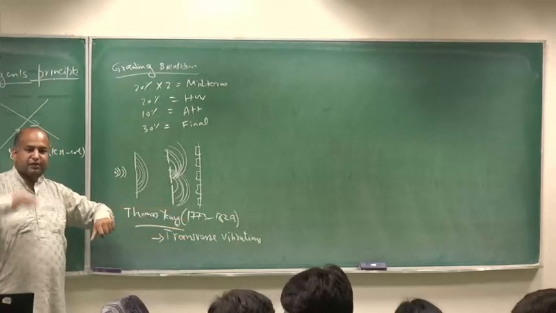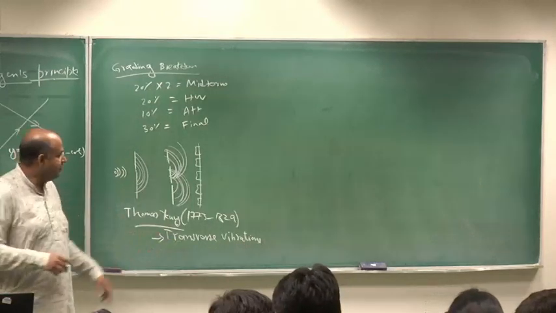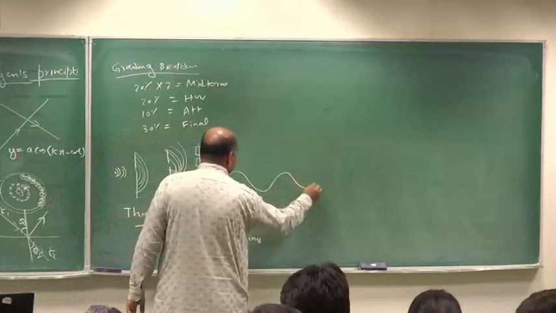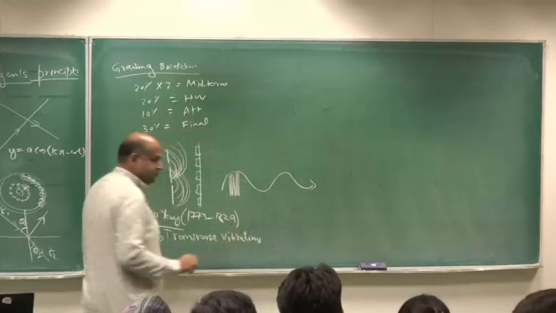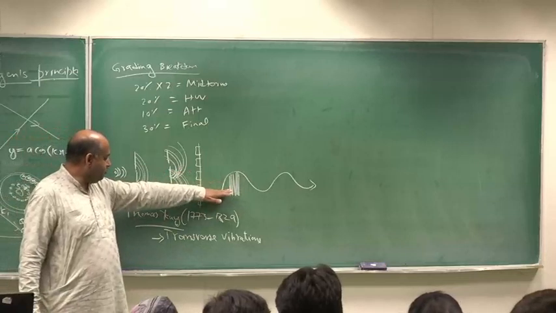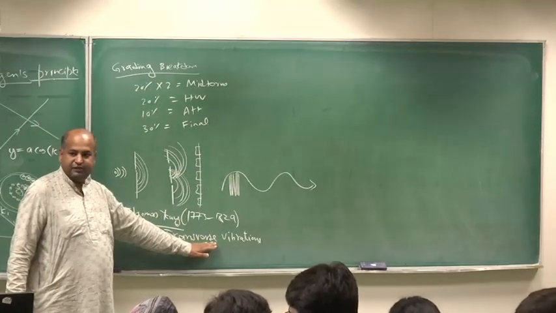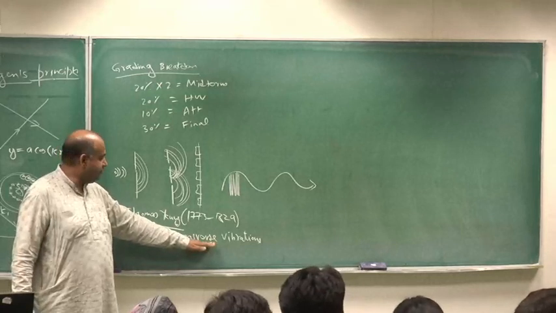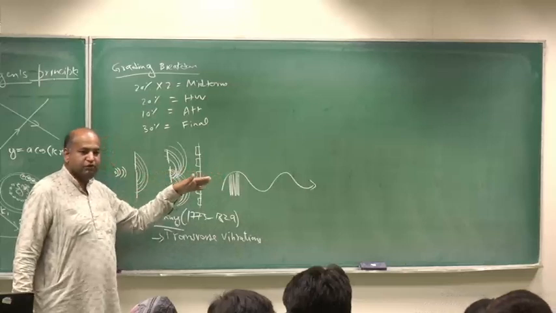And water waves on the surface are actually transverse vibrations, because the wave goes this way, but the water molecules vibrate up and down. So this might have influenced his opinion that light is actually transverse vibrations of ether medium and not the longitudinal vibrations.